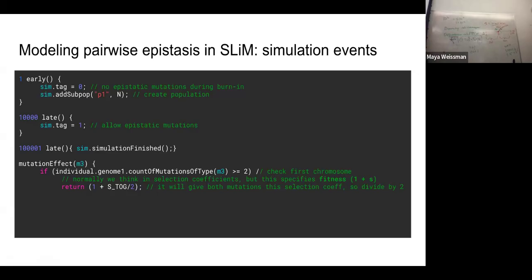So with this particular recipe I'm giving you, what you have to do is do 1 plus S together over 2. If you don't do S together over 2, you're going to end up with a selection coefficient twice as large as you think you will. And if you just do S together, or S tog, it's going to give it a very low fitness.